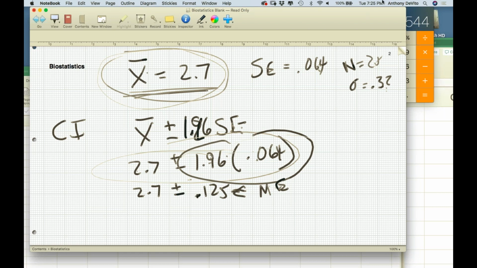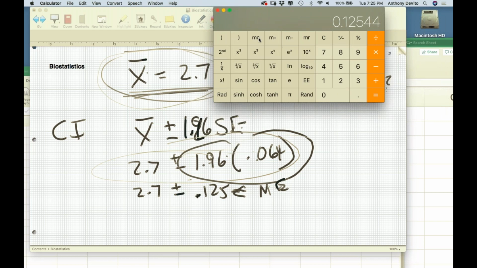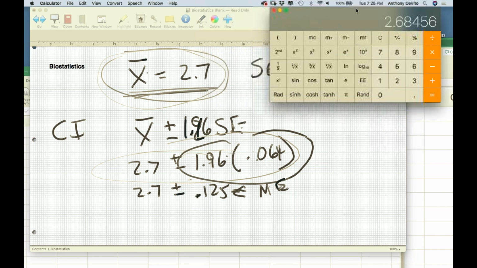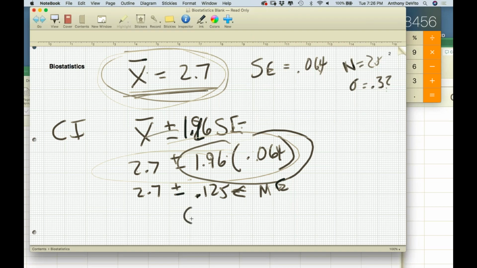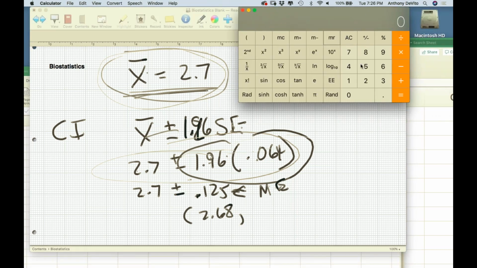And when I add and subtract it, I wind up with, I'm going to put this into memory and clear this, 2.7 minus the margin of error, which is 2.68, comma, and plus the margin of error, 2.93.